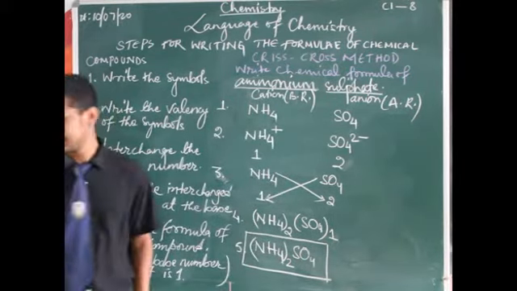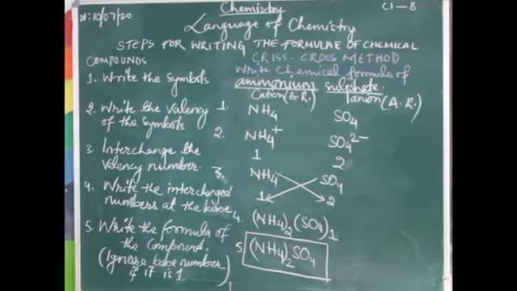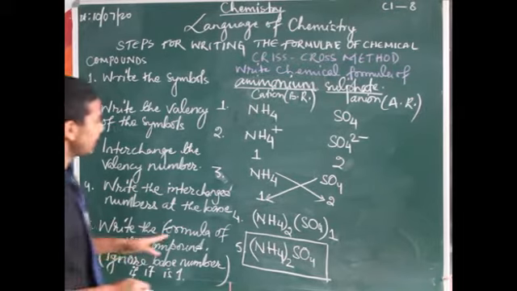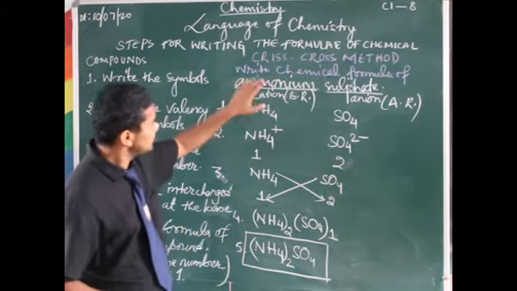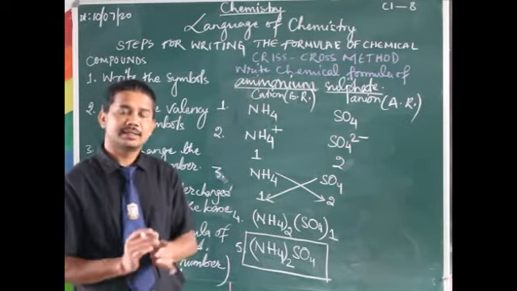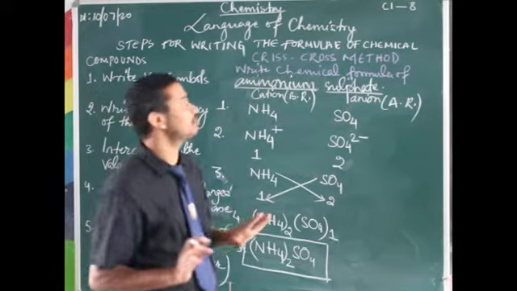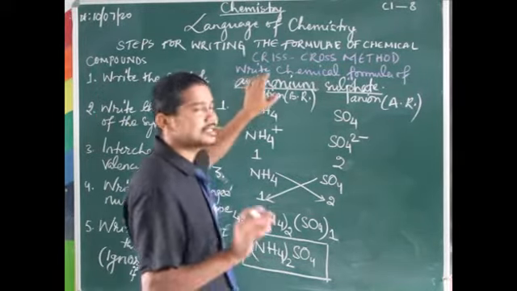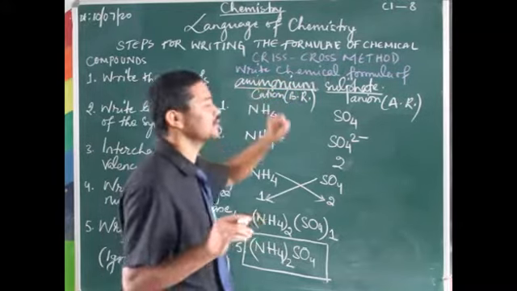Now, if I write this ammonium sulphate only, then I may not be getting an idea about what are the atoms, what are the different elements present in this particular compound.